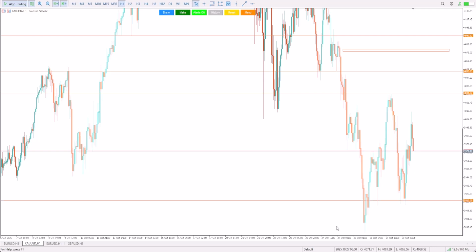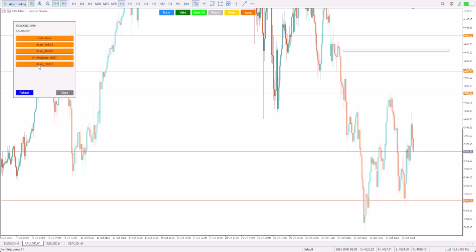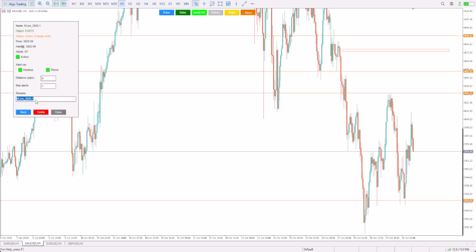I could say key element or liquidity, or whatever, depending on the system someone is using, something essentially to recognize it.